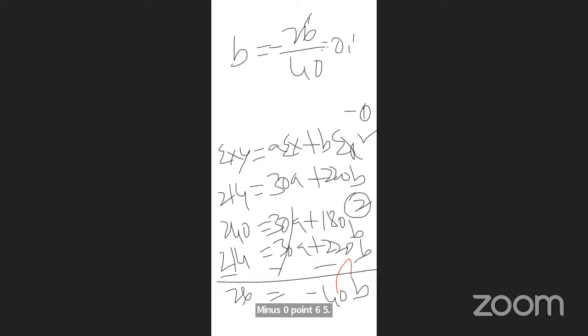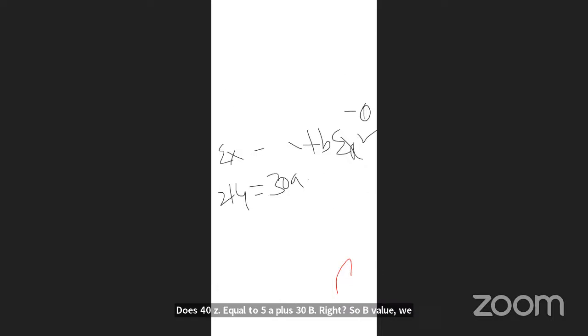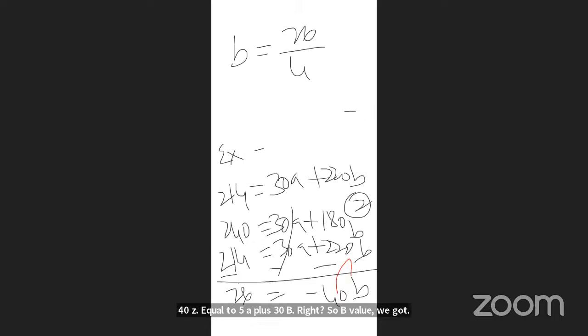Now we will substitute in the equation where we got 40 is equal to 5A plus 30B. So the B value we got, let us work it out so that we can know the A value.